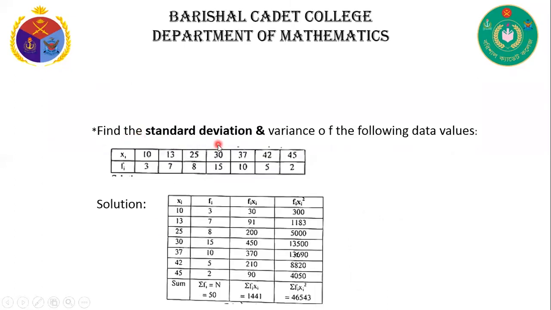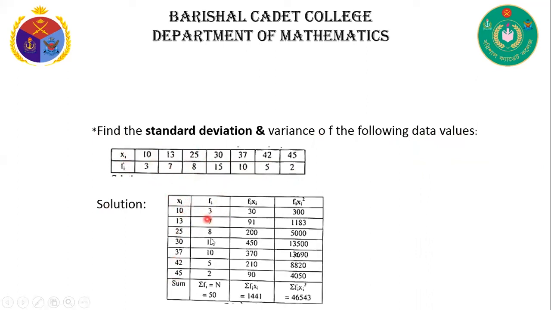Now find the standard deviation and variance of the following data values. Here the given data xi is equal to 10, 13, 25, 30, 37, 42, 45, and fi is equal to 3, 7, 8, 15, 10, 5, 2. Now the solution. Here the given data are xi and fi.